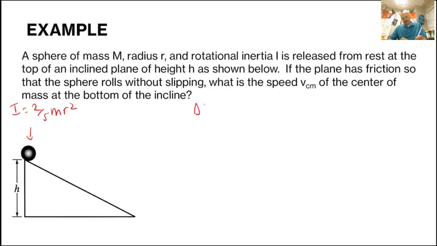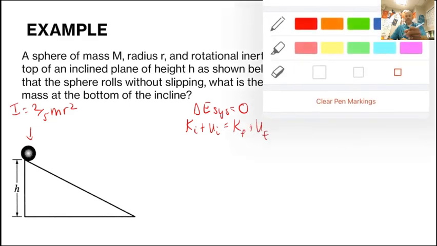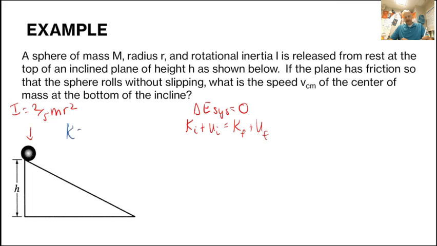So we know that the change in energy of a system is equal to 0. That means K initial plus U initial equals K final plus U final. And remember, K is going to be K translational plus K rotational.